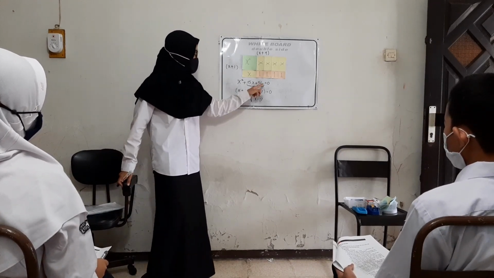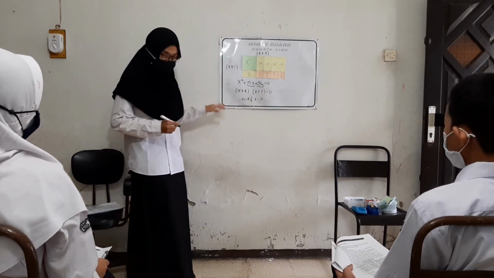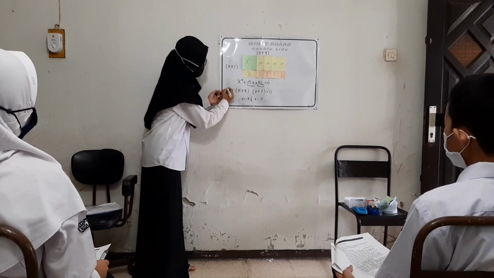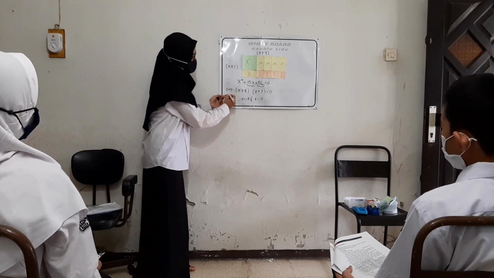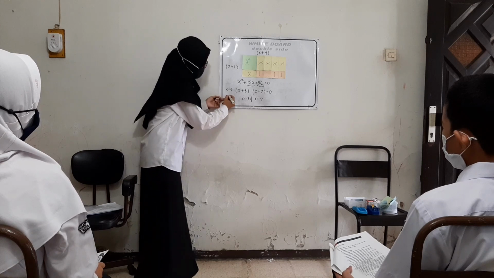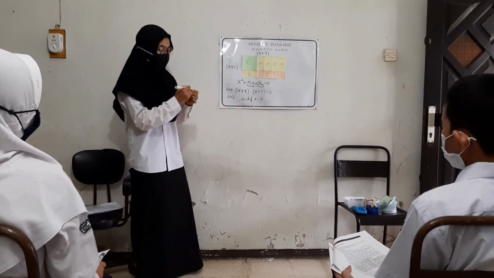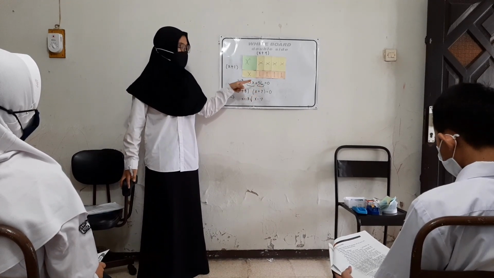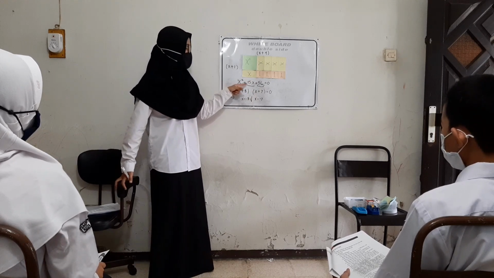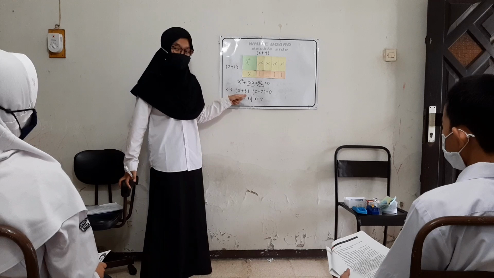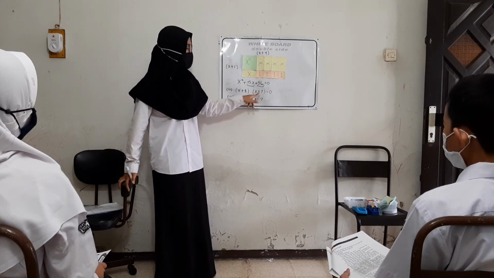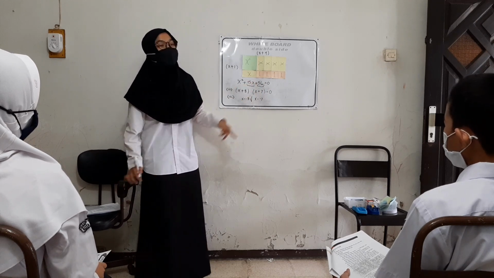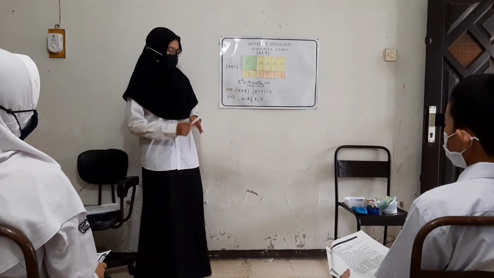If we write an equation, don't forget to put the equals symbol. Always put the equals symbol. And it is right, because the factors of 56 that add up to 15 are 8 and 7, because 8 times 7 equals 56 and 8 plus 7 equals 15.